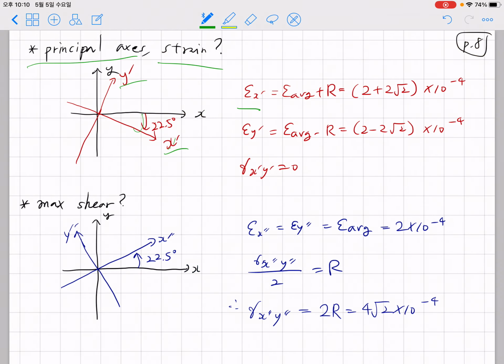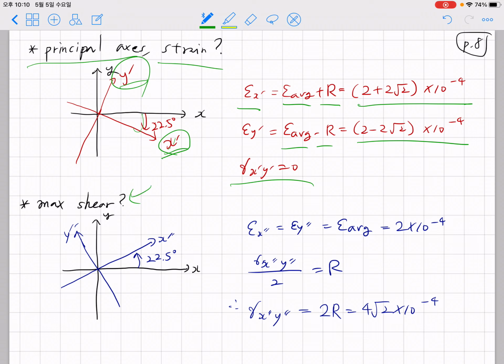If you plug in numbers, average plus r and average minus r, it gives you these numbers. In this coordinate system x prime, y prime, which is of course the principal axis, the shear strain is 0.